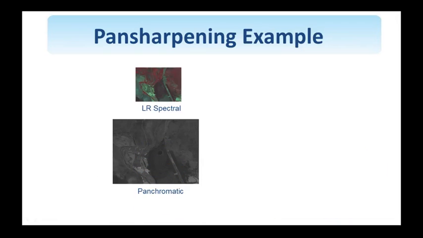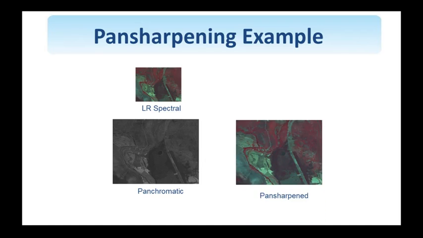So here's an example of pan sharpening. We're given the low resolution spectral, the panchromatic grayscale, and combining the two, here is a pan sharpened image that we obtained with one of our algorithms. So it has the same resolution as the panchromatic and has all the spectral information. Here it is shown clearly in pseudo-coloring of the spectral bands.